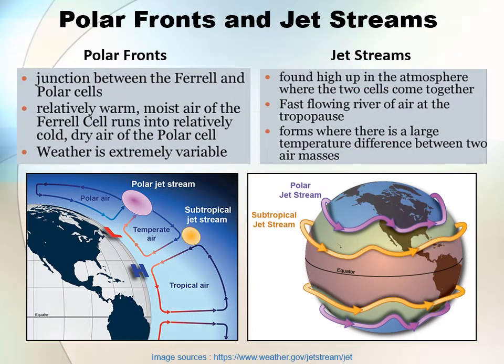It basically forms when the subtropical winds of the Ferrel cell meet with the cold dense winds of the polar cell at about 60-degree latitudes of both hemispheres, and due to the temperature difference, the warm wind goes above the dry cold polar wind, so there forms a front, and the weather condition is extremely variable in these regions.